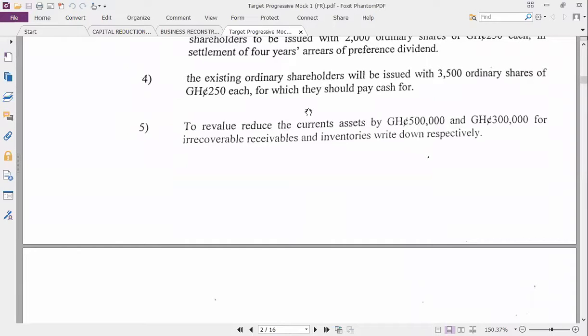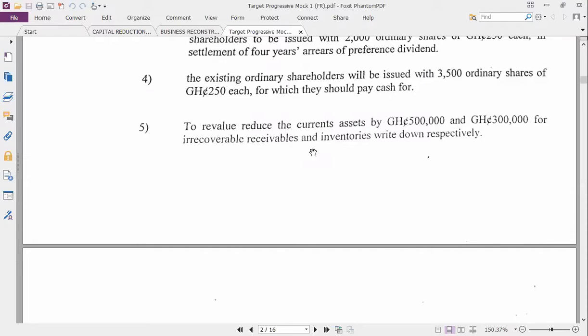I'm just making changes here. To revalue, we said that in capital reduction, there must be a revaluation. We are doing note 5. Okay, so here we said that to revalue, reduce the non-current asset by 500,000 and 300,000 for current asset in respect of irrecoverable receivables and inventory written down respectively.